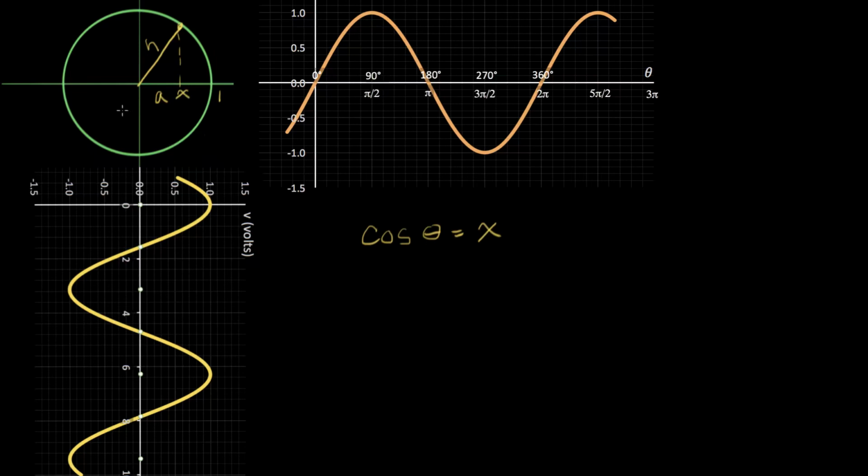So let me clean this off for a second. And we'll start at the beginning. Let's start with the radius pointing straight sideways. And we know the cosine of theta equals 0 is 1. So if I drop that down, if I project that down onto the angle 0, that's this point right here on the curve.